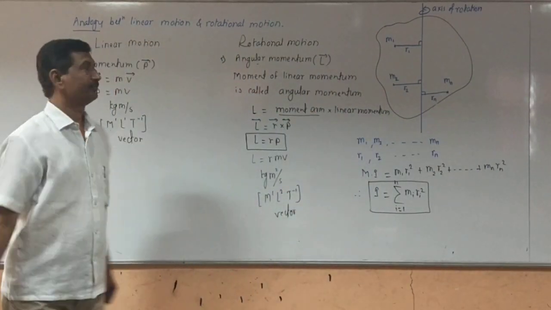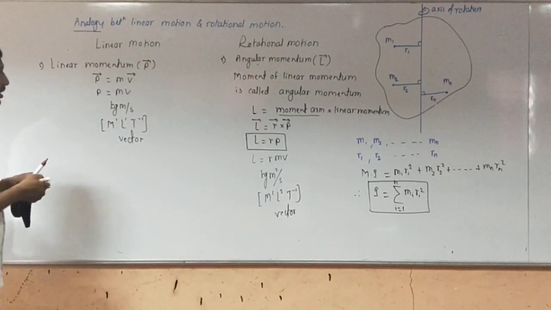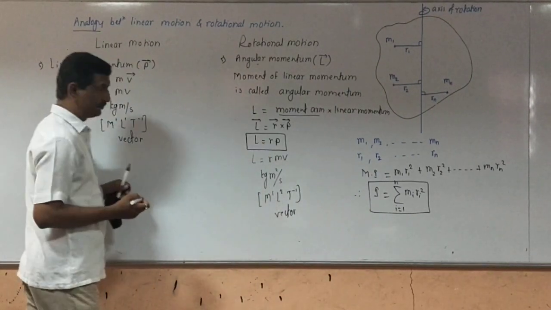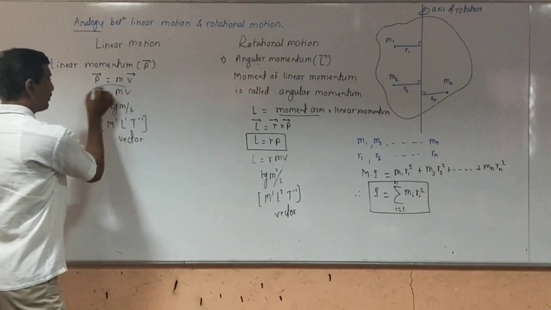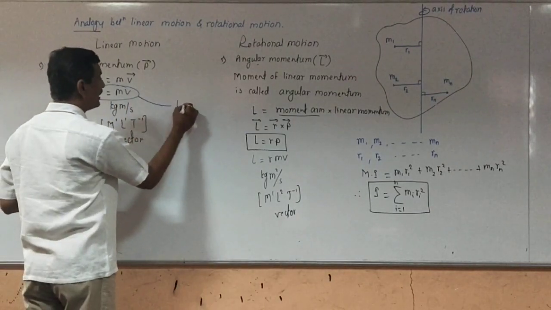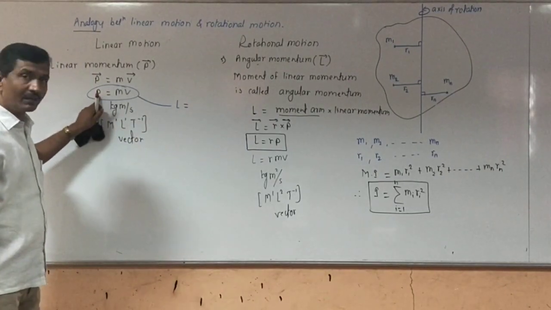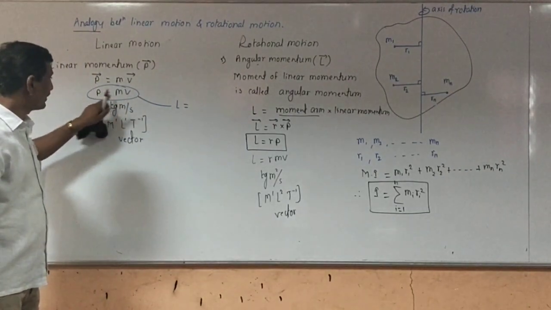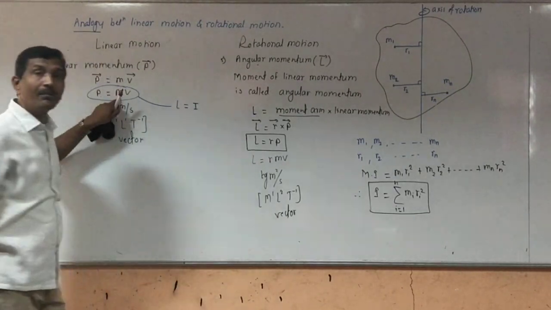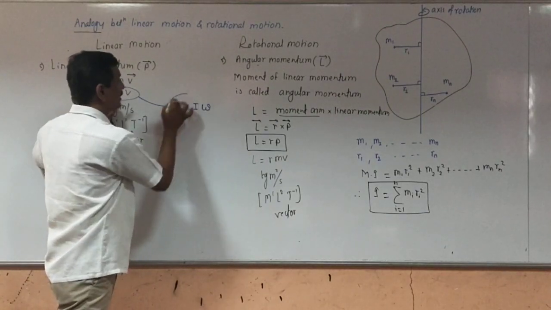By analogy, what is the formula for angular momentum? Here P is equal to mv. So by analogy, angular momentum is analogous to linear momentum, moment of inertia is analogous to mass, and angular velocity is analogous to linear velocity.